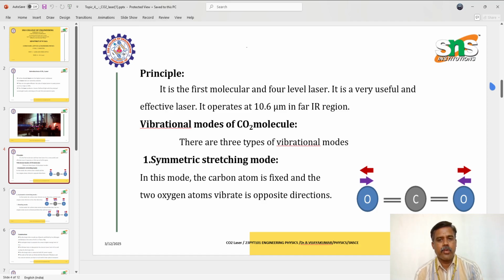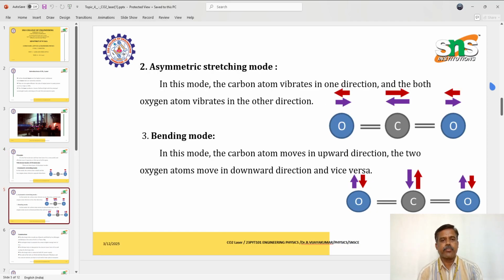There are three types of vibration modes: symmetric stretching, asymmetric stretching and bending. First, the symmetric stretching mode: the carbon atom is fixed and the two oxygen atoms vibrate in opposite directions.